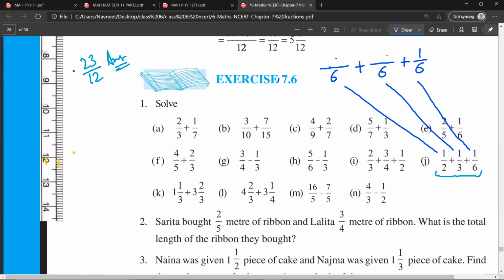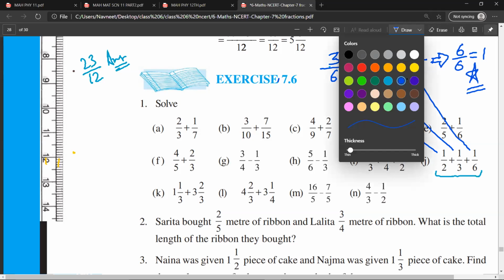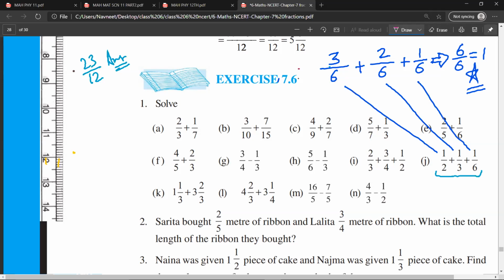What should I write here and here? 3 by 6 and 2 by 6. What will be my final answer? 6 by 6. 1. Perfect. Very nice, Mr. Samson. Shabash.